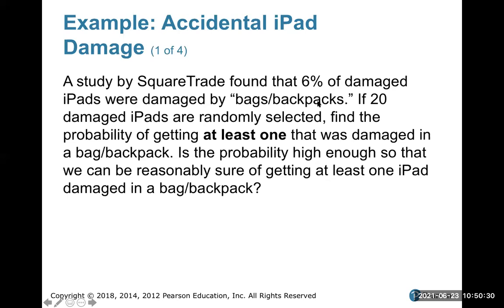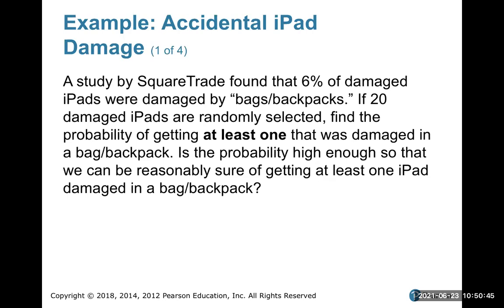If 6% is the probability of damaged, what is the probability of not damaged for one of them? 0.94. Do you agree? 1 minus 0.06 is 0.94.